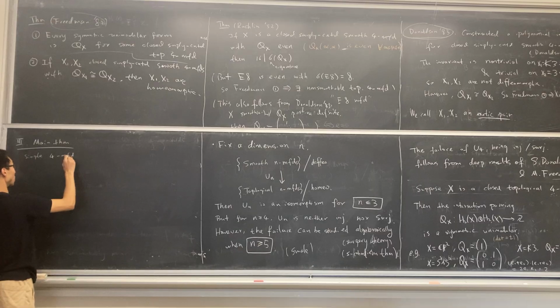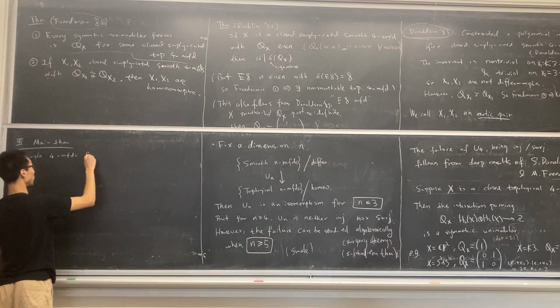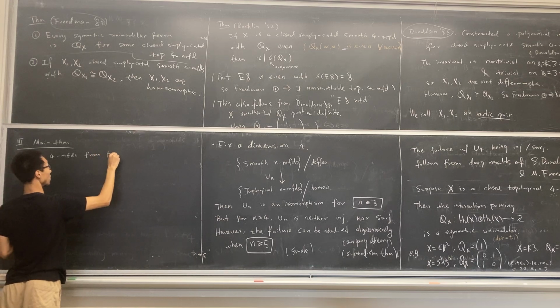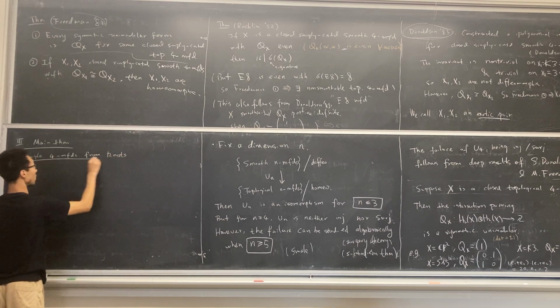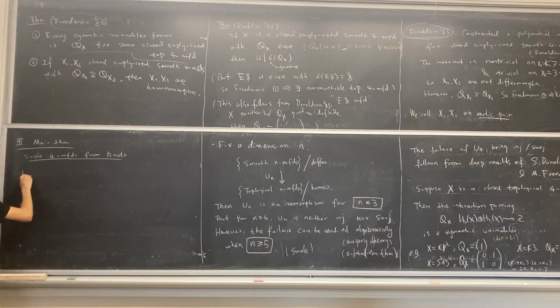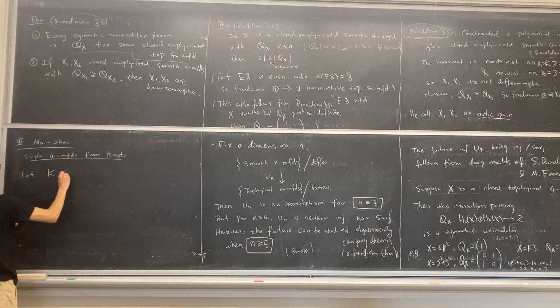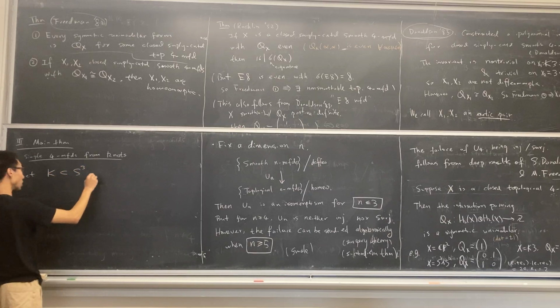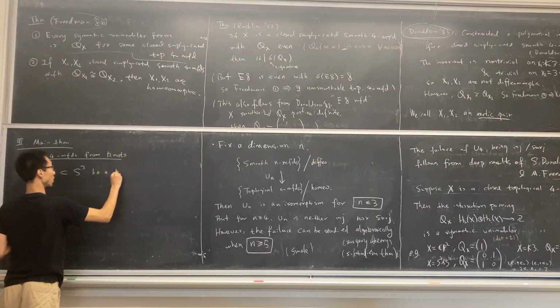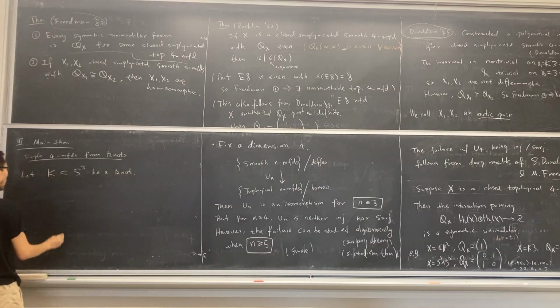So I'm going to tell you some simple ways to construct four-manifolds from knots. Let's say we have a knot K inside S3, and let's say we have an integer n.